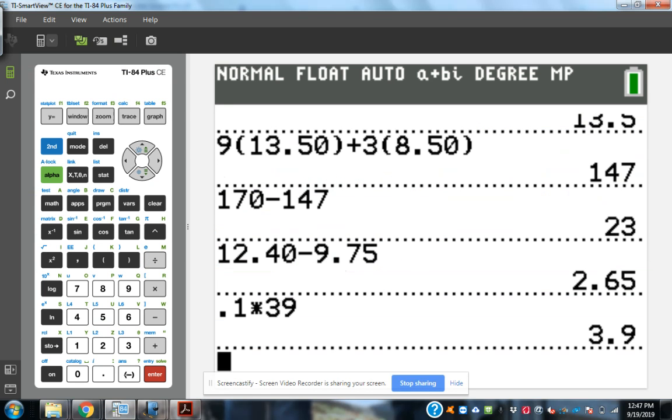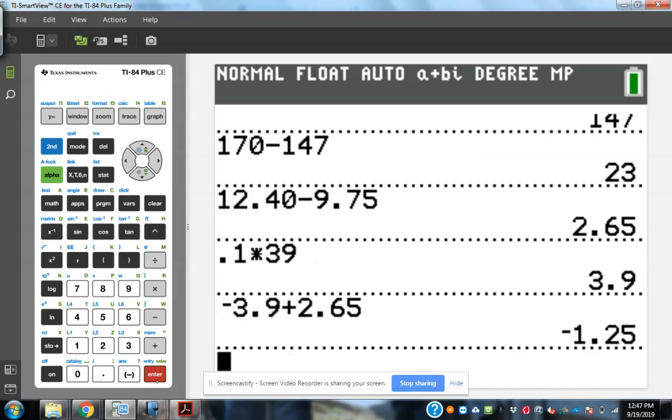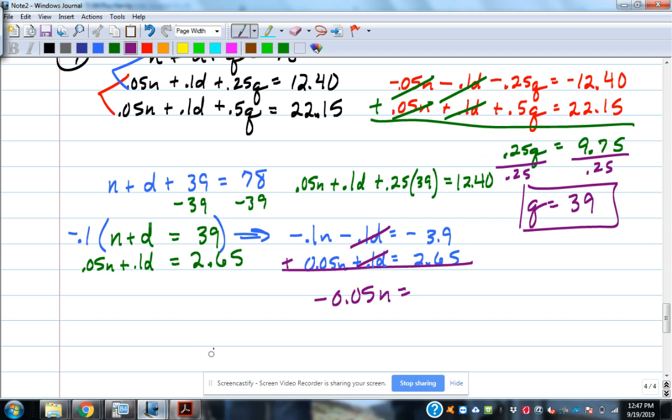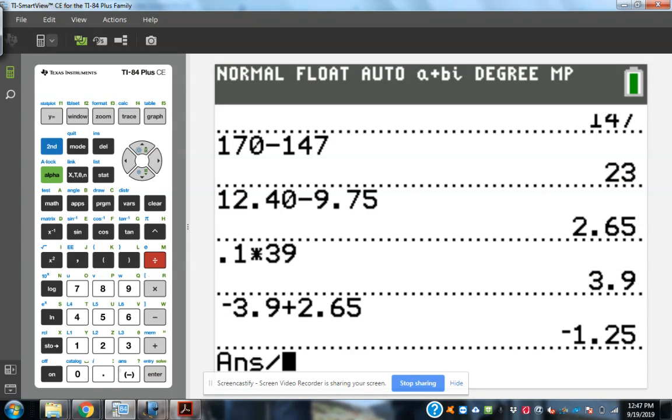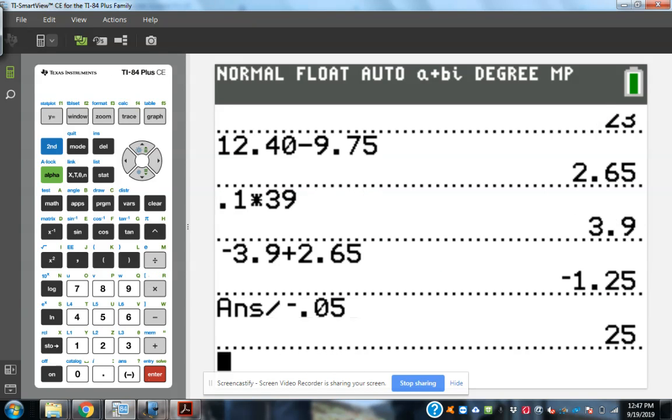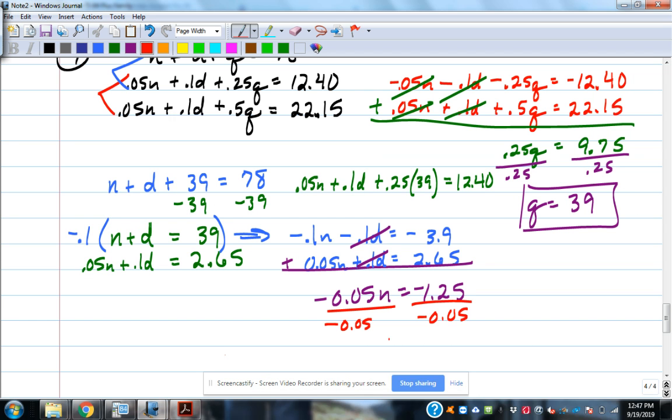I need negative 3.9 plus 2.65, which is negative $1.25. Negative 1.25 divided by negative 0.05 is 25 nickels.